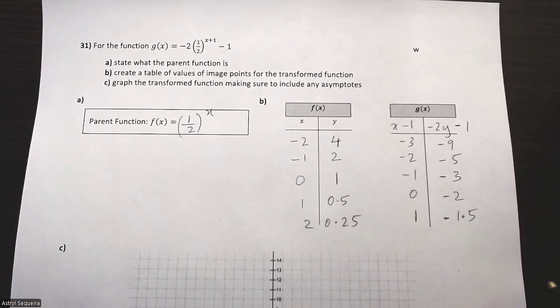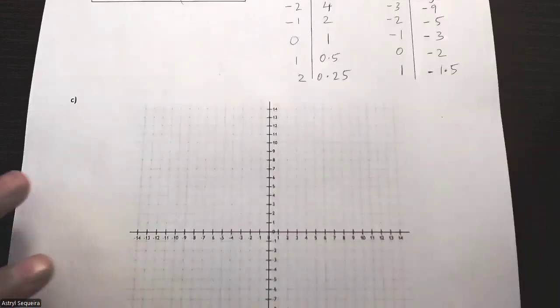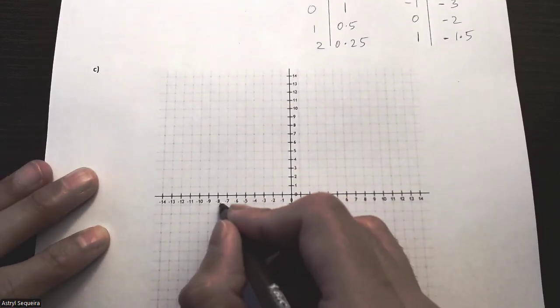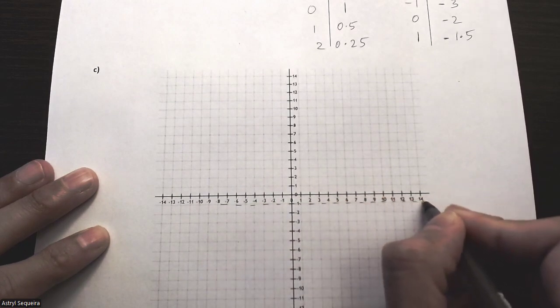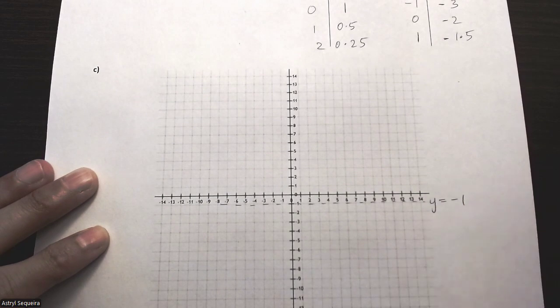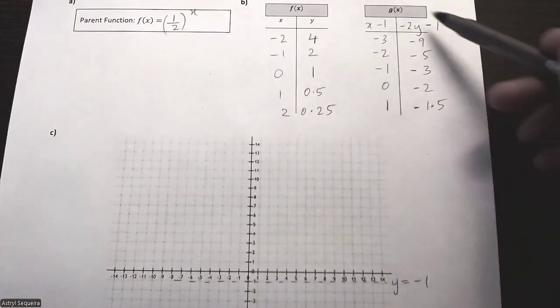So now we'll graph the function. We know that the horizontal asymptote is at -1. That's the first thing I always draw, my asymptotes. Then I'll put all my transformed points there.